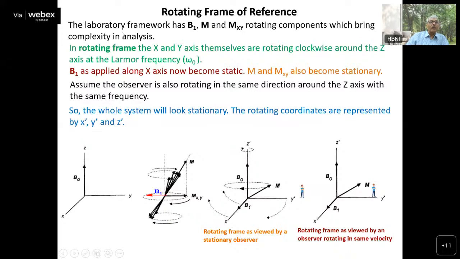So we have moved from a laboratory static frame to a rotating frame, where the coordinate system rotates with the precessional frequency, and all the things which were rotating earlier now become stationary.